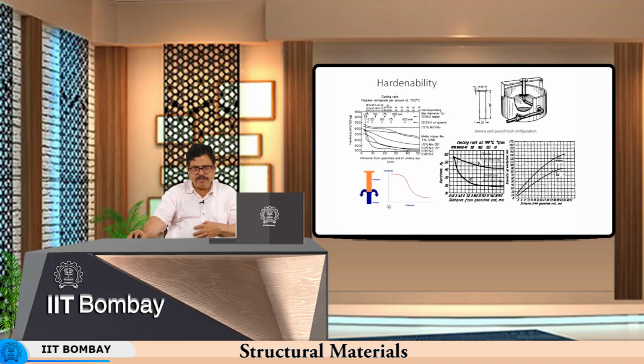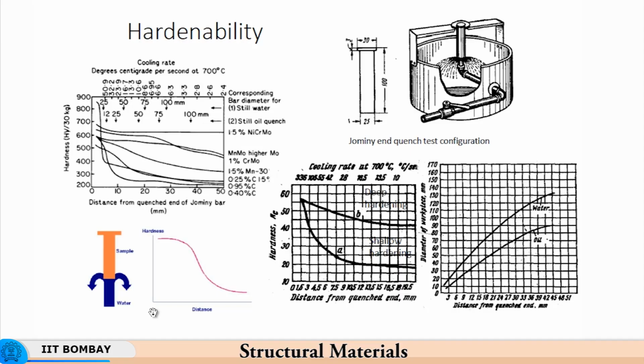The extent of hardenability. Now, can any material be hardened? We have already seen that that is not the case. Again, the process of heat treatment or hardening is intimately connected with the chemical composition. If we see the cooling rate in degrees centigrade per second at 700 degrees centigrade, you have a corresponding bar diameter which is shown.